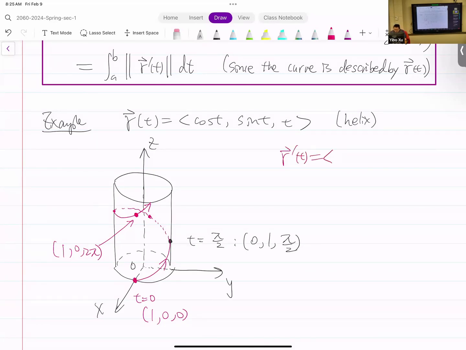If you recall, for the tangent direction, we just do the component-wise derivative, right? The derivative of cosine is negative sine. The derivative of sine is cosine. The derivative of t, t to the power 1, is 1 times t to the 0, so that's just 1.